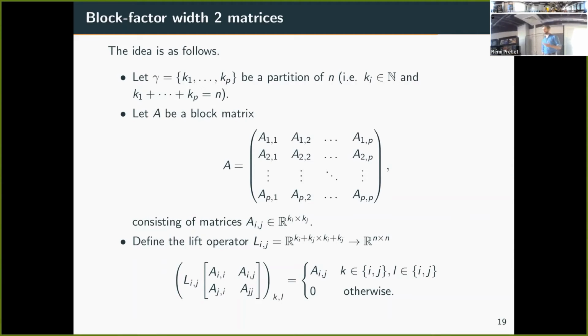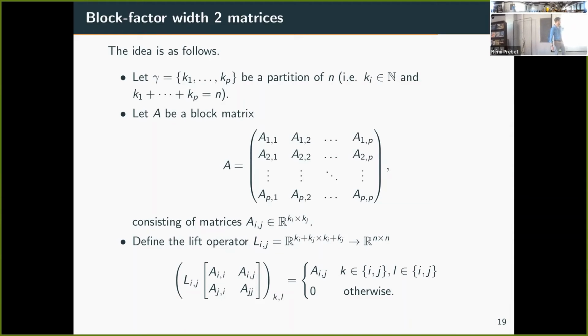Then you can define a lift operator. In this case, the lift operator takes a 2x2 block matrix, and it sends the top left block to a matrix that is all zeros except four blocks. It sends the top left block of its input to the ii block, the top right block to the ij block, and so on.